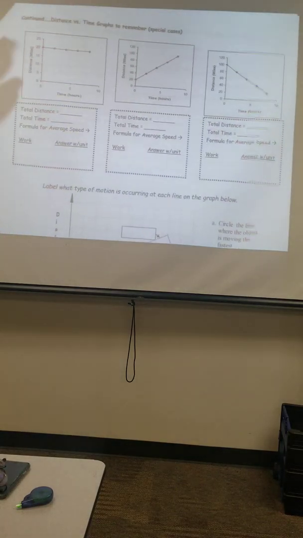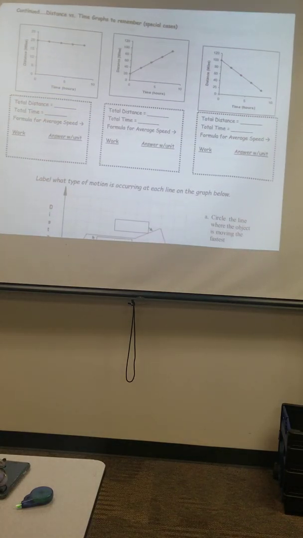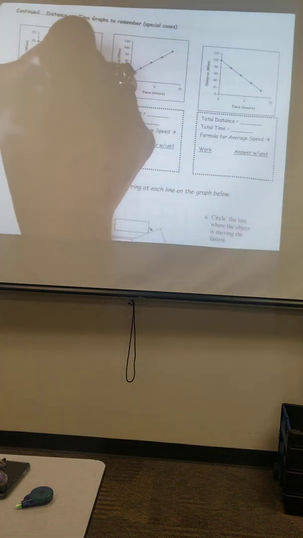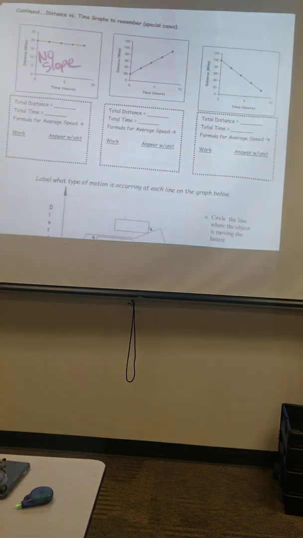Turn the page. Let's continue looking at some of these DT graphs. They give us a DT graph that has no slope, just a straight flat line.